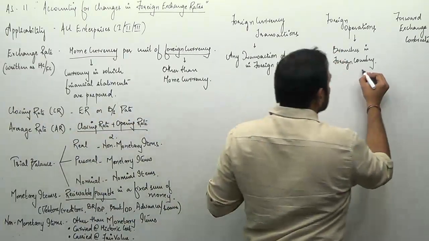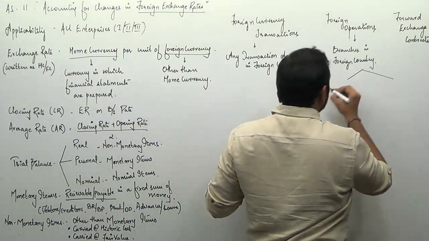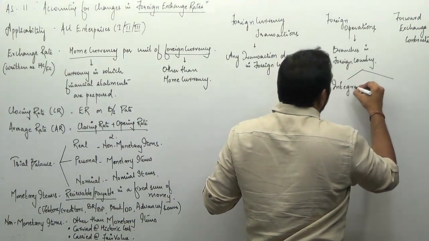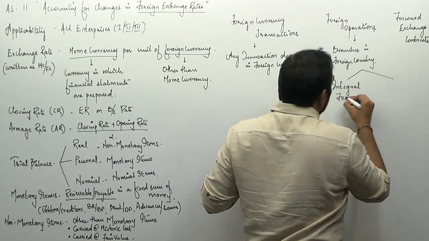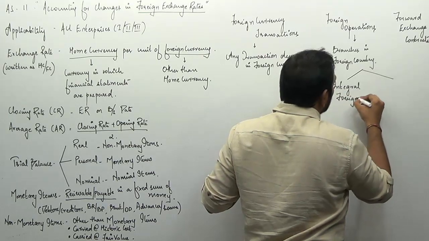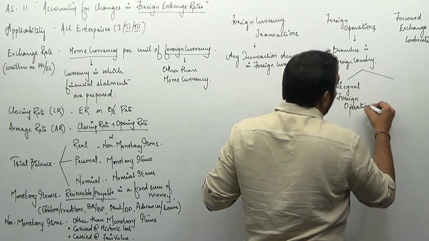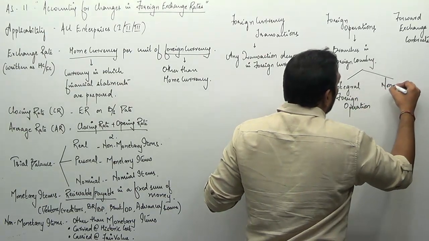These foreign branches can be split into two types: integral foreign operations and non-integral foreign operations.